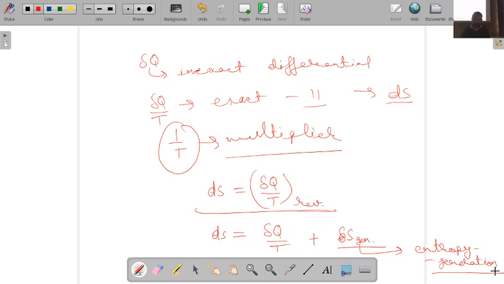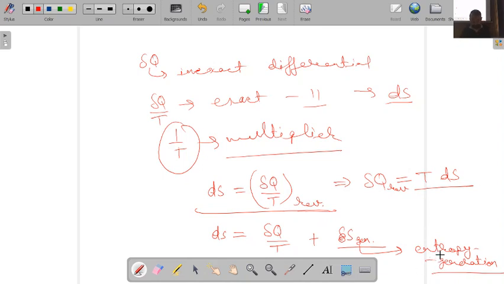Okay, so this is the generalized equation of entropy. So for a reversible process, I can say that del q is equal to TdS. However, if you are having an irreversible process, then always you will be having some sort of entropy generation within the system.